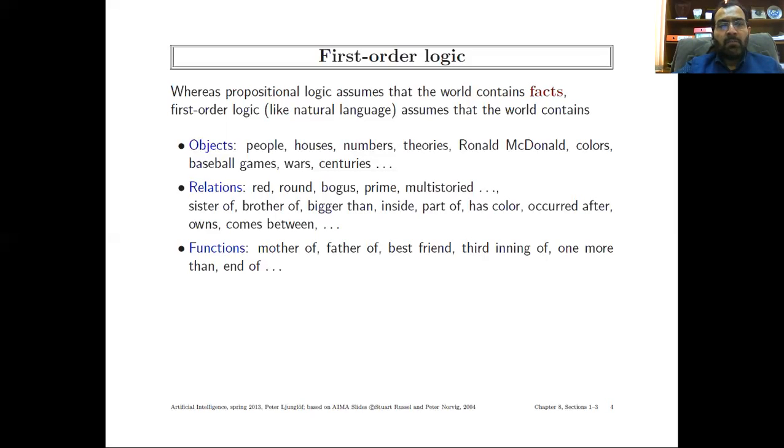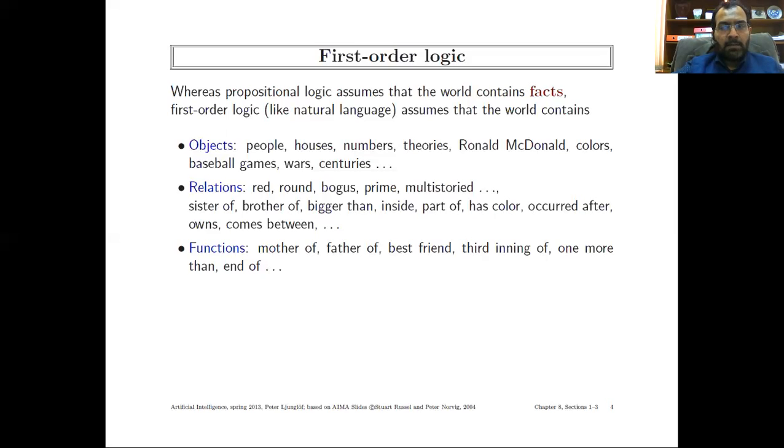I gave one more statement before, that a ball is red. Here the ball is the object, but sometimes properties are also represented in terms of relations. So red is a property which is attached to the ball. So here the relationship is with the property, that is red. So that is called a relation.